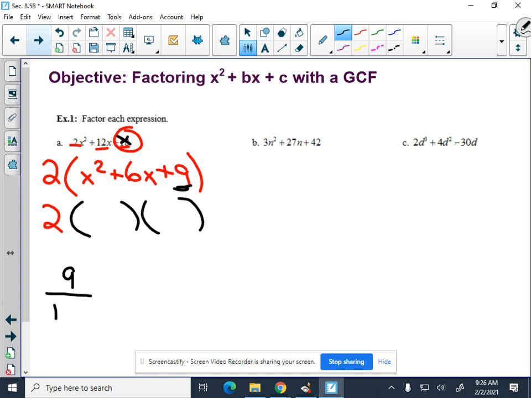We can, of course, take 1 times 9. 2 doesn't work. 3 times 3, that's all the ways. After the 9, read it backwards and say, whoa, they have to add up to 6. So if I make x plus 3, x plus 3, positive 3 and positive 3 make 6.